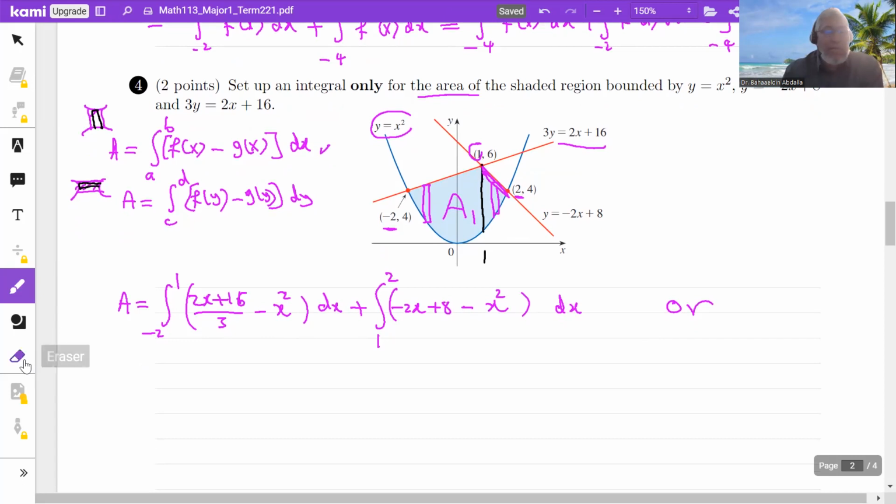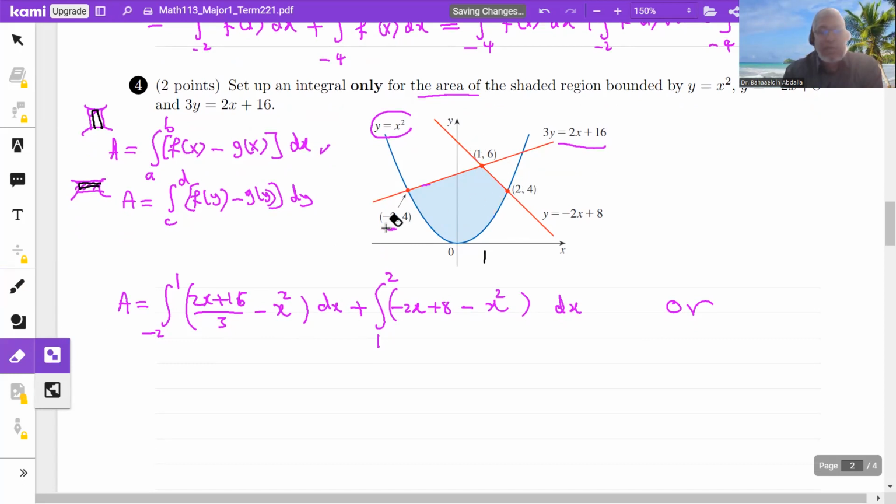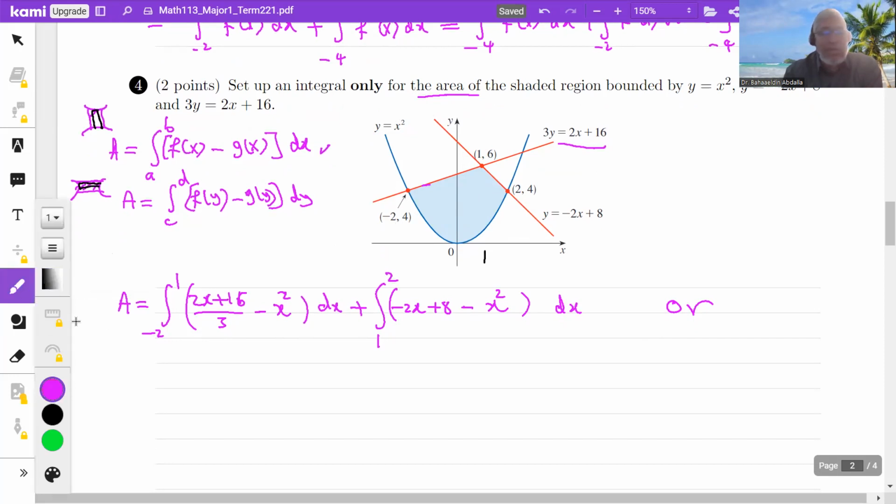Or if I want to use a horizontal rectangle, I can also use a horizontal rectangle and solve the question again in another way. So both solutions are correct. So if I use a horizontal rectangle, okay, I notice that with this horizontal rectangle, always this part of the parabola, the right part of the parabola, will be to the right of the left part of the parabola.